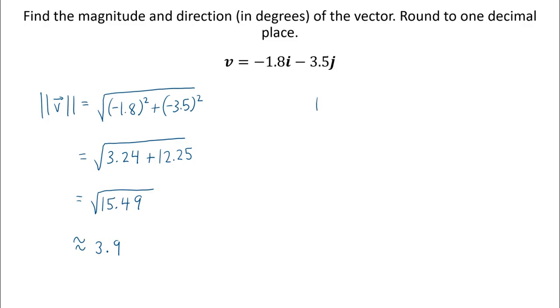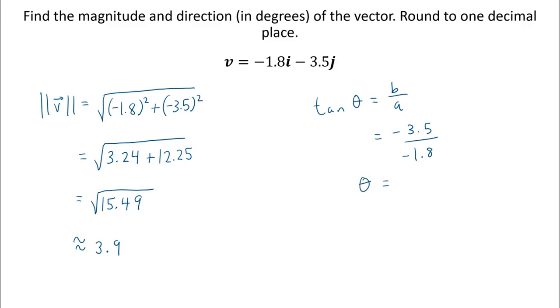To find the direction, we'll use tangent of theta equals b over a, which means that tangent of theta is equal to negative 3.5 over negative 1.8. And we'll use the inverse tangent function of our calculator to find theta.